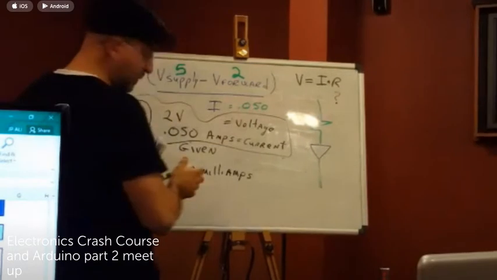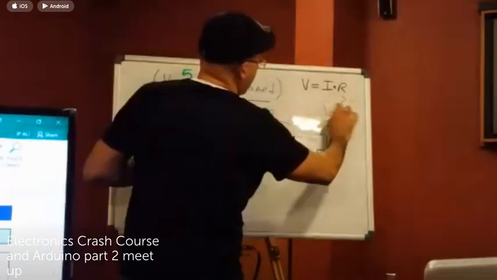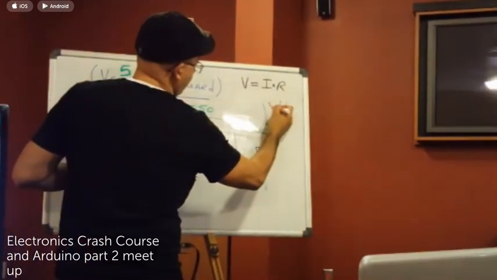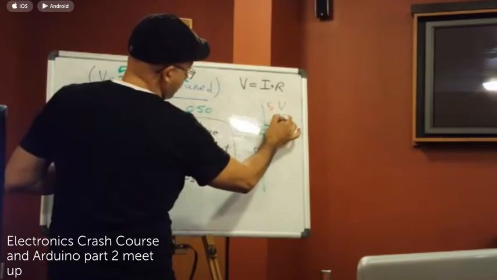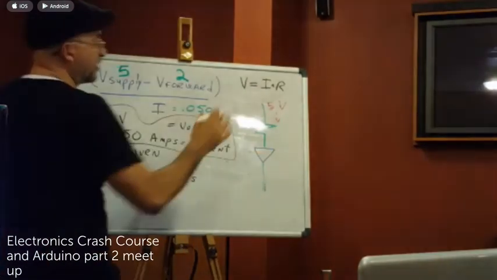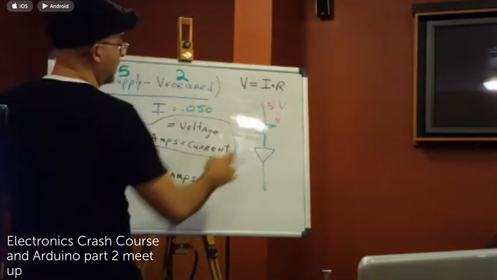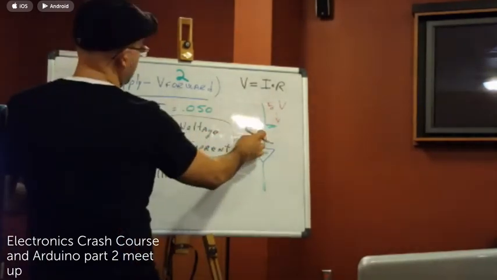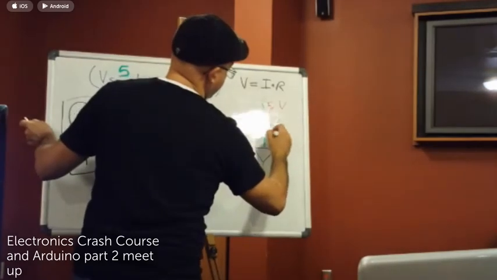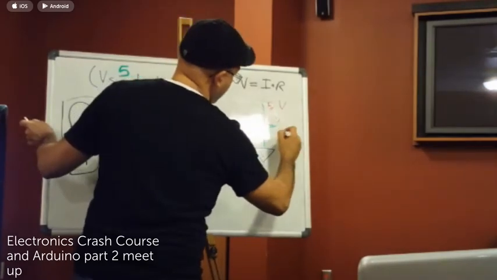So basically, you have a 5-volt supply right here coming to this circuit, and this needs to dissipate some of the voltage. The voltage needs to drop. So across here, 3 volts are going to drop out.